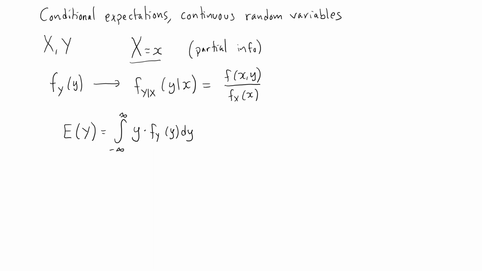With the partial information, if I know that X is equal to lowercase x, this expected value will then change to the integral from minus infinity to infinity, and now I have to use the conditional PDF: y times f of Y given X, y given x, dy. We call this the conditional expectation of Y given that X is equal to lowercase x.